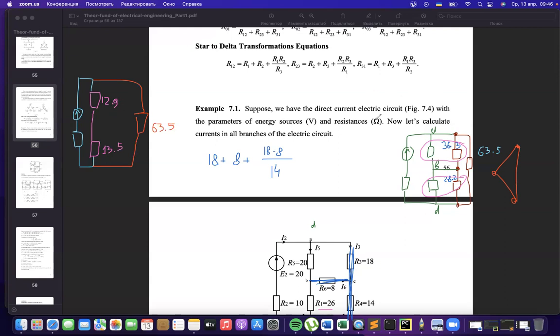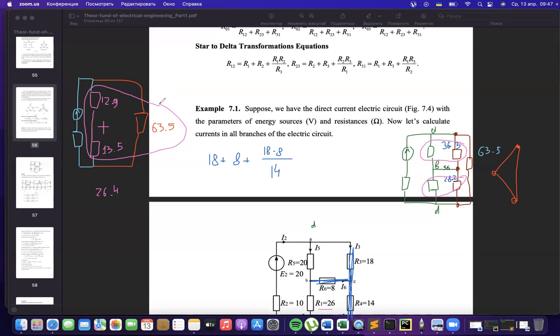Then you can add in series 12.9 and 13.5. It will be 26.4. And take in parallel with them 63.5 as the total resistivity. It will be multiplied by 63.5 and divided by their sum, 89.9.